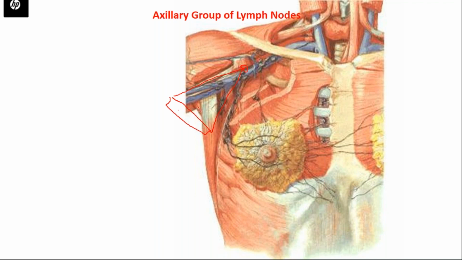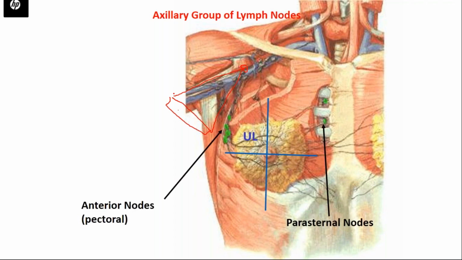Similarly, the axilla resembles a pyramid, so there are certain groups of lymph nodes in each of these different portions of the axilla.